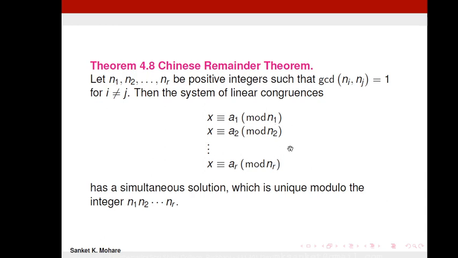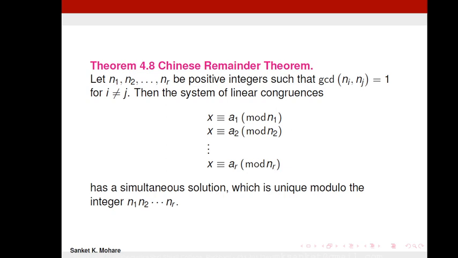Here we have to solve this system for the value of x. So this system contains exactly r congruence equations, and it possesses a simultaneous solution which is unique modulo the product of n1, n2 up to nr.